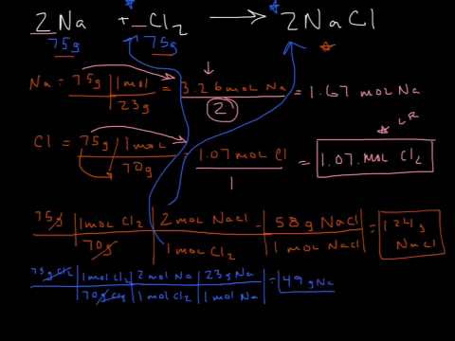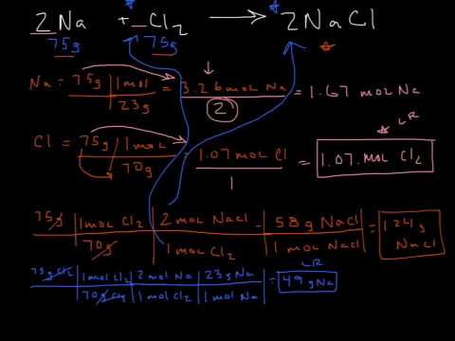Okay, you're going to take this number, 49. Alright, remember this is from our limiting reactant. This is converting 75 grams of chlorine. If I magically converted that into sodium, it would create 49 grams of sodium.